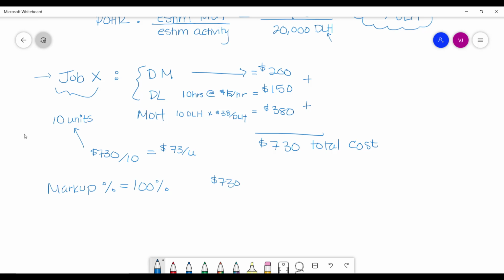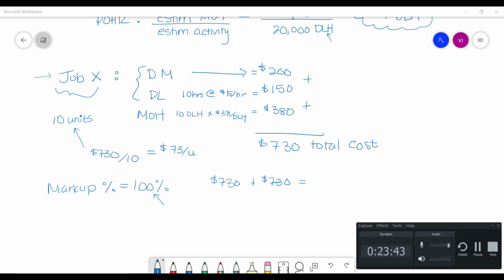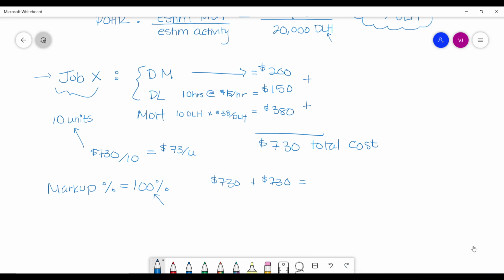I need to be able to cover the cost and also make a profit. And here the markup percentage is 100%. So that means I'm marking 100% of the cost up. I'm adding 100% of this cost to the cost to figure out what to sell it for. So in this case, what's 100% of 730? It's 730, right? So when we multiply 730 by 2, what do we get? We get 1,460.